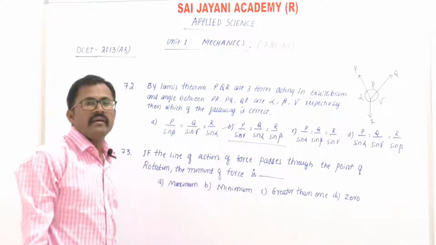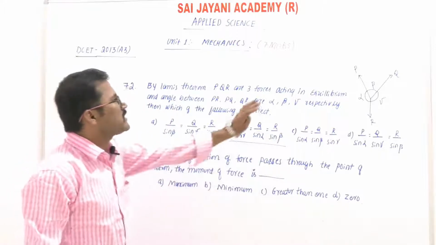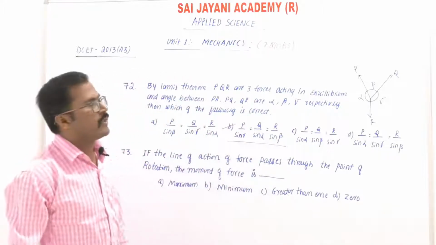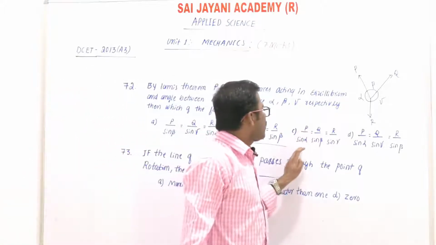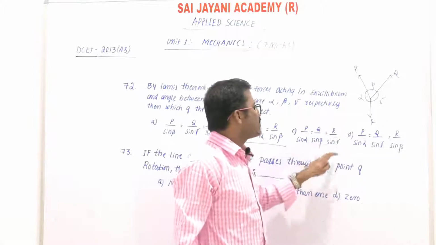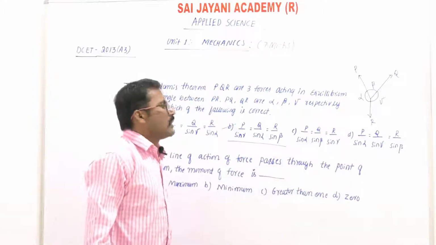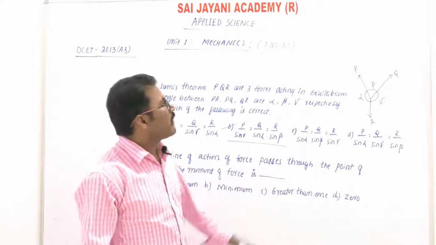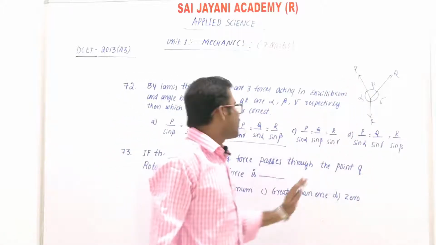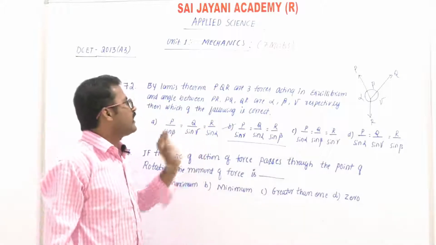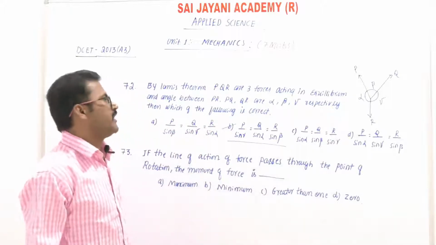So option B is the right answer for this diagram and this statement. In general, P by sin alpha, Q by sin beta, R by sin gamma is also a right form of Lami's theorem, but he intentionally changed the angles and confused the question. So option B is the right answer.